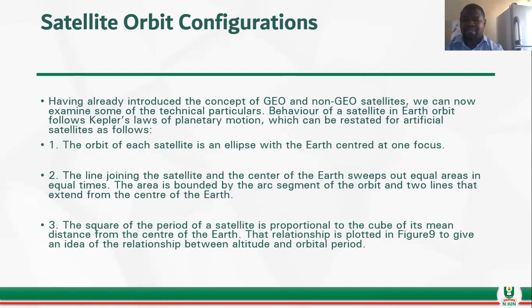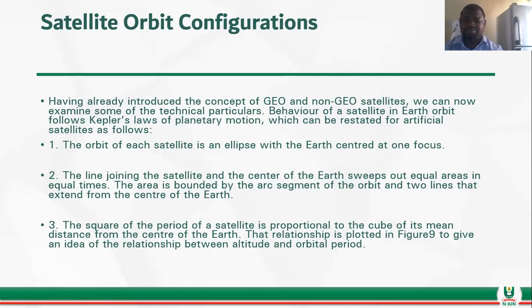One, the orbit of each satellite is an ellipse with the Earth centered at one focus. That is Kepler's first law of motion. The orbit of each satellite is an ellipse with the Earth centered at one focus.